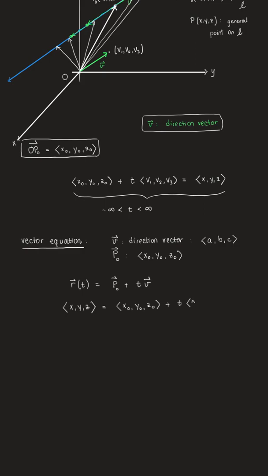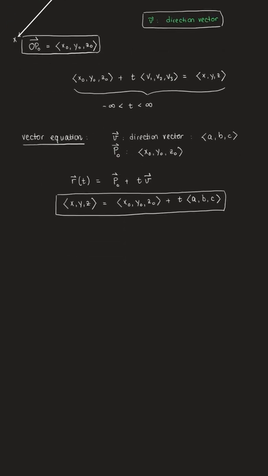And we will also be able to draw some parallels between the parametric equation of a 2D line and the vector equations of the 3D line. So here is our vector equation. And from that equation, we can read out 3 parametric equations of a line in space. So our parametric equations will be the equations of each component.